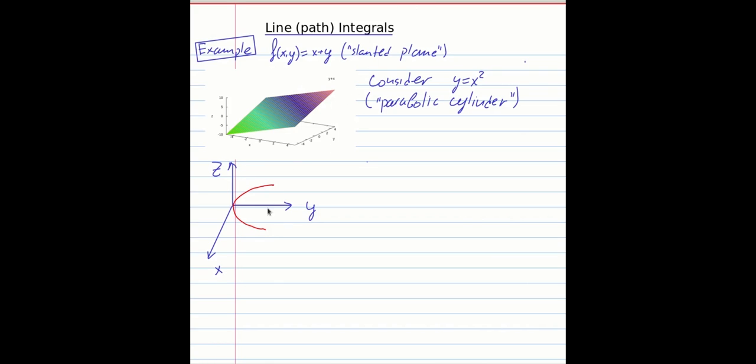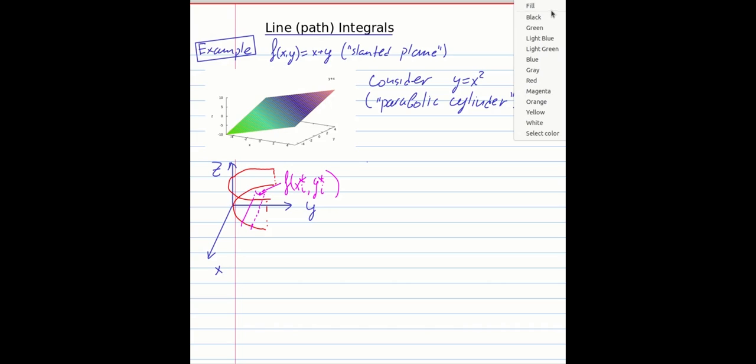Z could be anything, so this parabola is sticking out in space. If we take a little piece of the parabola over here and see how it sticks out this way, this will be our famous f of x sub i star, y sub i star, a value on this surface.